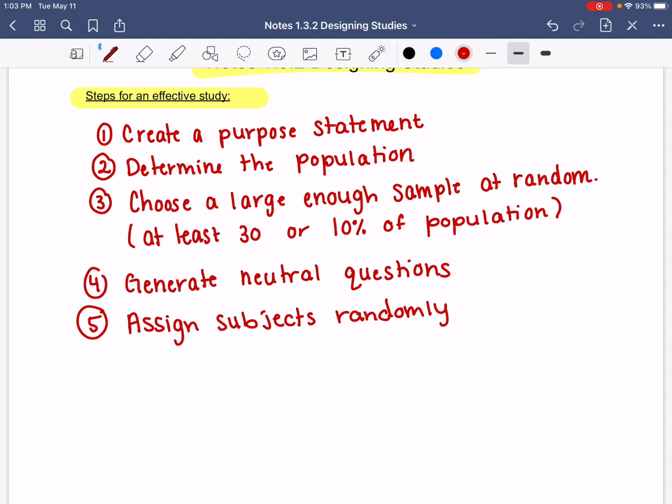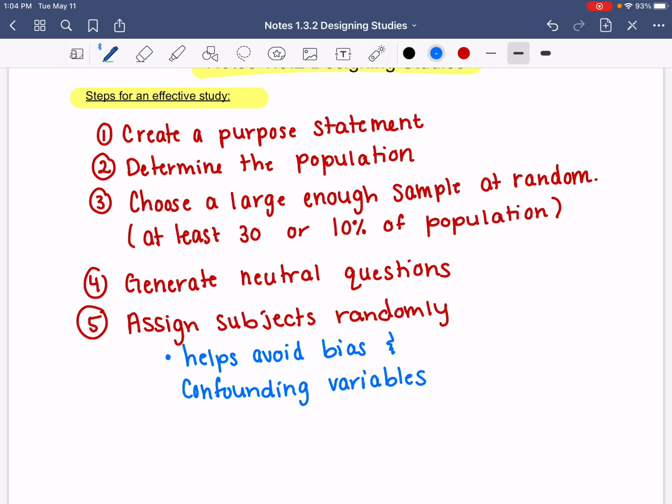What this is going to do, if you assign them randomly, it's going to help avoid bias and control confounding variables, which is basically things that are outside of our control.